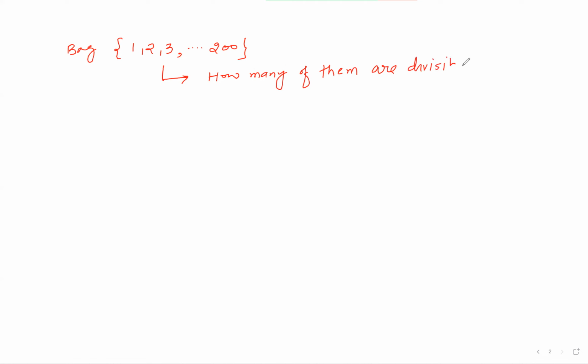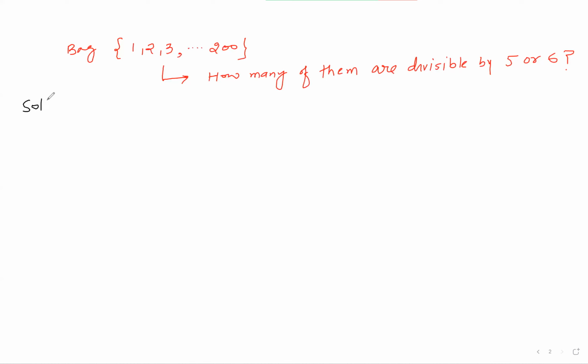Let us take, say we are given a bag consisting of 200 numbers, okay? Now, if I wish to find how many of them are divisible by 5 or 6, okay?